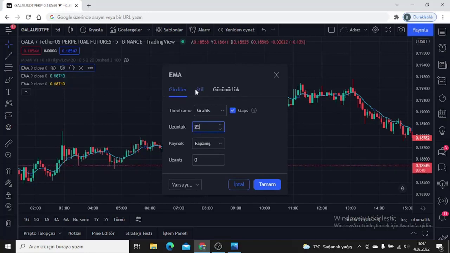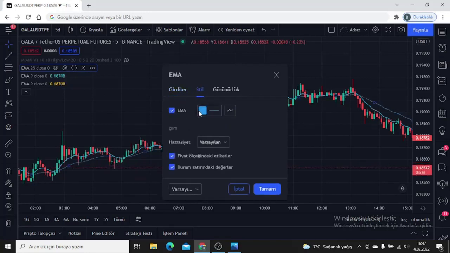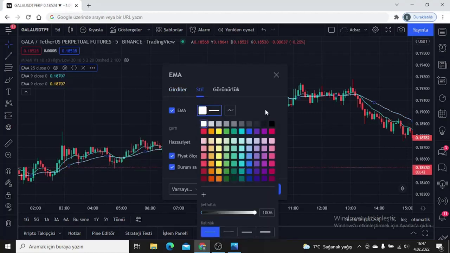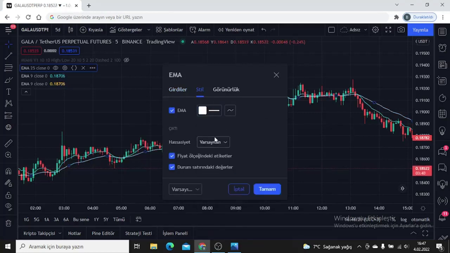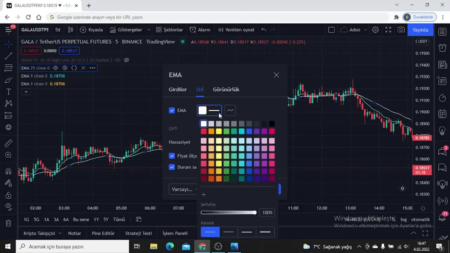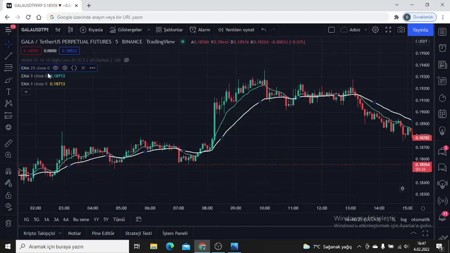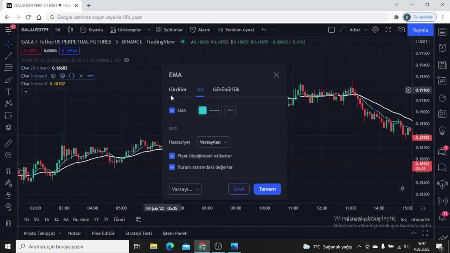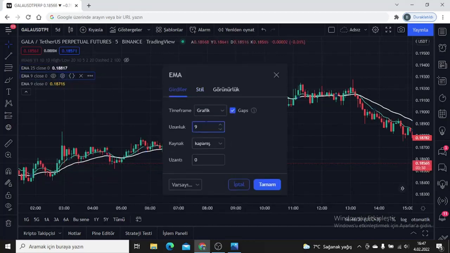Let's not forget to change the colors because I will tell you the tricks. I'm making the 25-day moving average white. Let's thicken the line a little. I'm also making the 50-day moving average orange and making the line a little thicker.